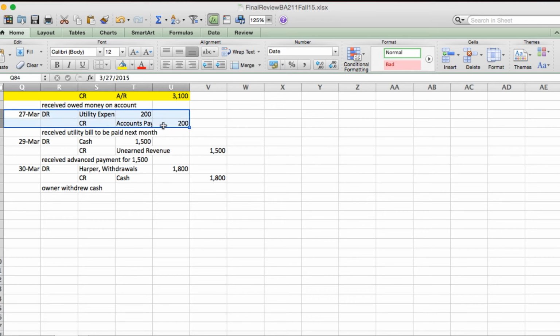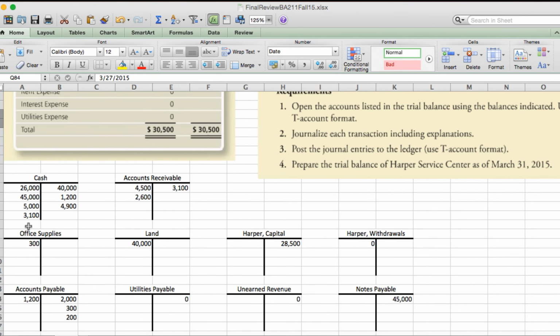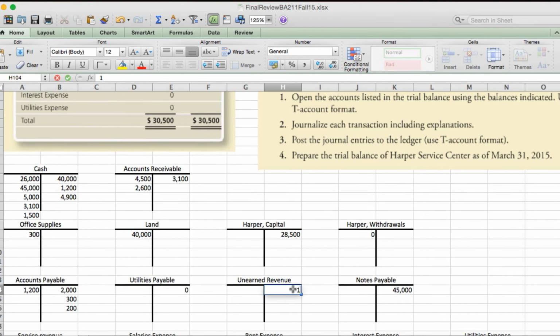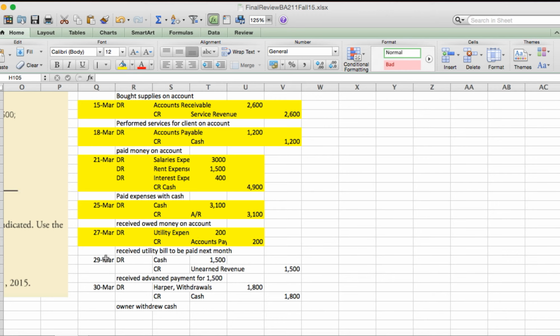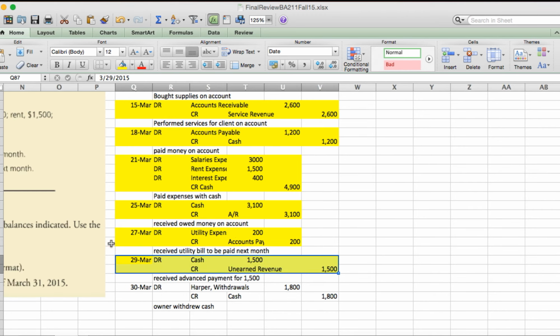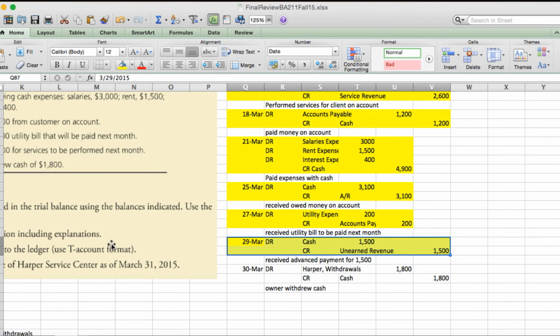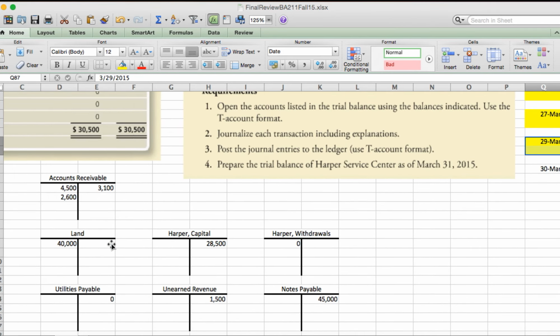Debit to cash 1,500, credit to unearned revenue, $1,500. And finally, debit to Harper withdrawals, $1,800, credit to cash, $1,800.